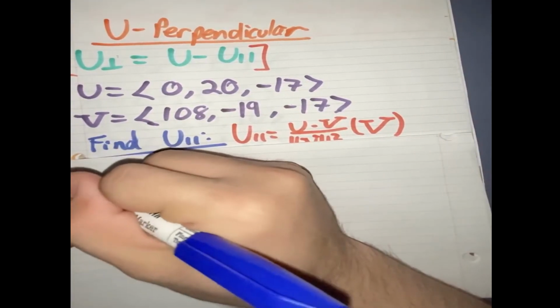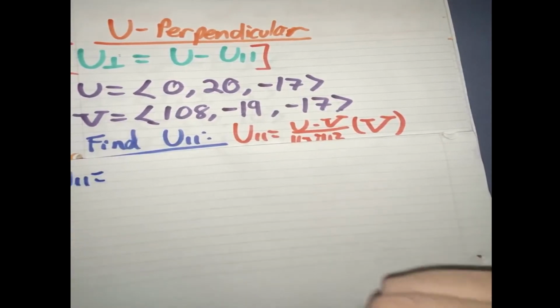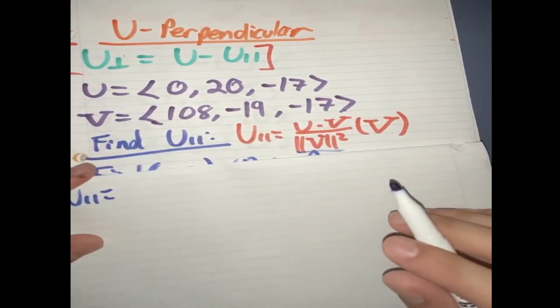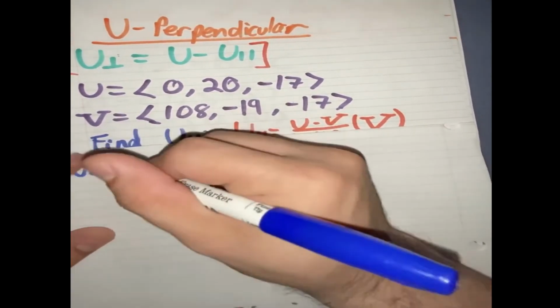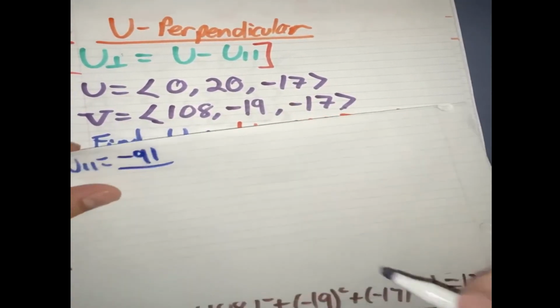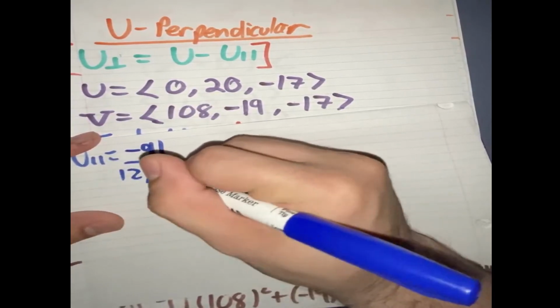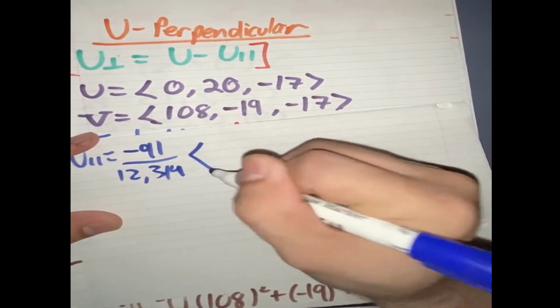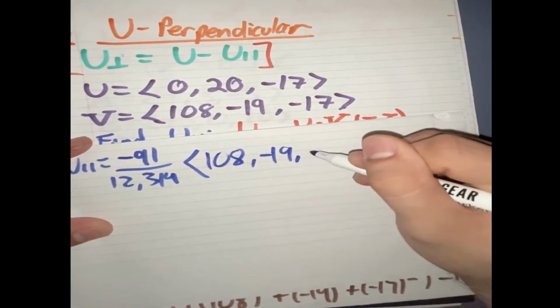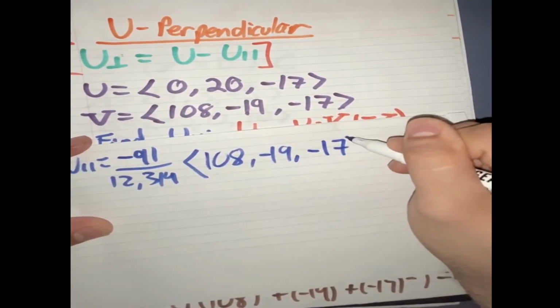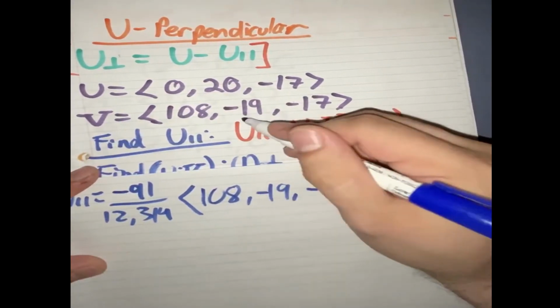Our U parallel is equal to our U dot V, which is negative 91, divided by 12,314, dotted with our vector V. So 108, negative 19, negative 17. I'm getting that from this formula right here.